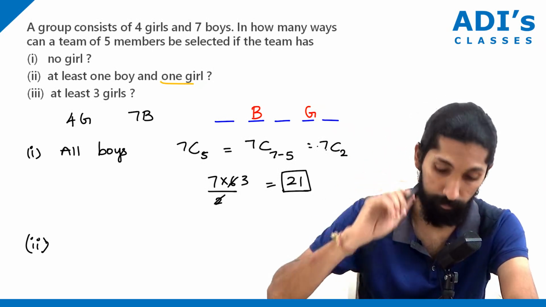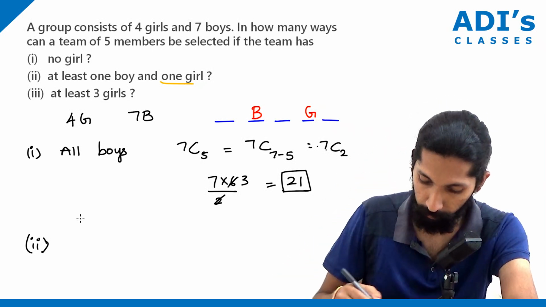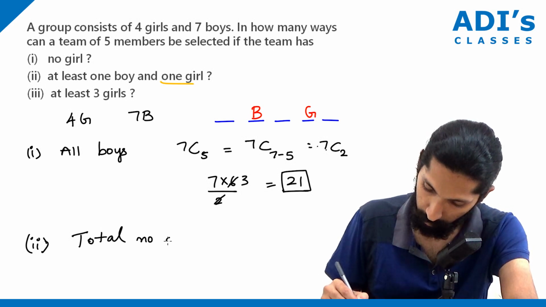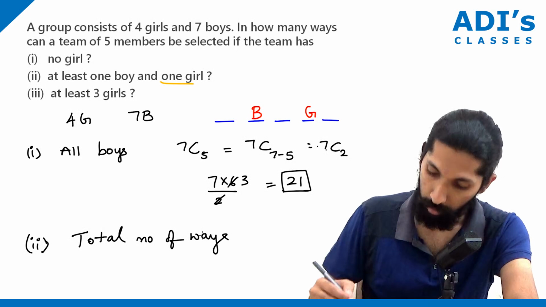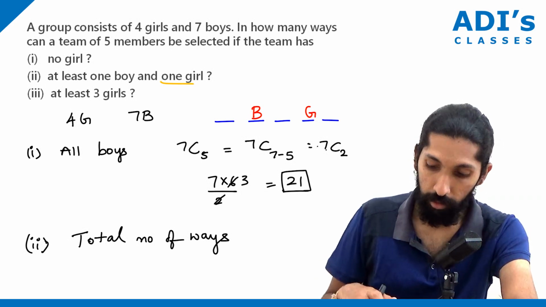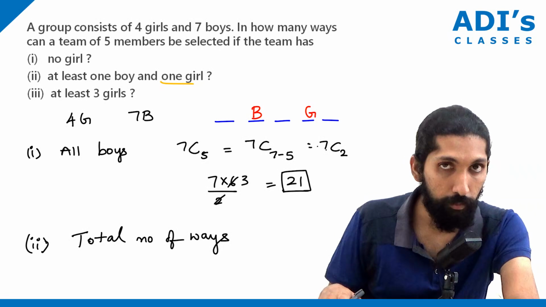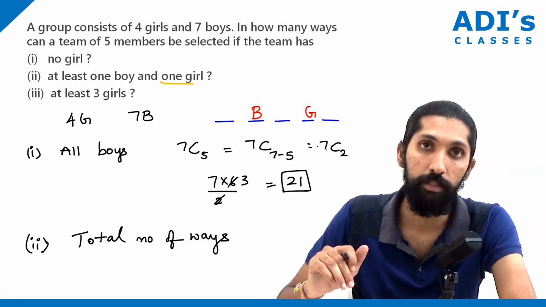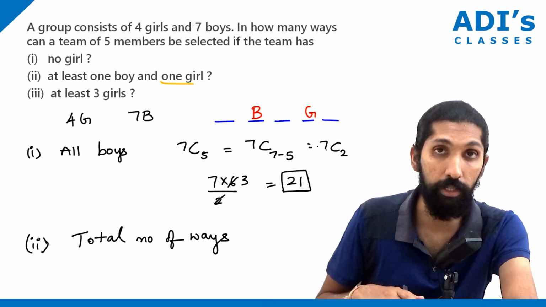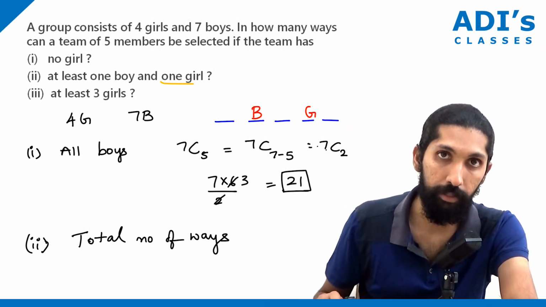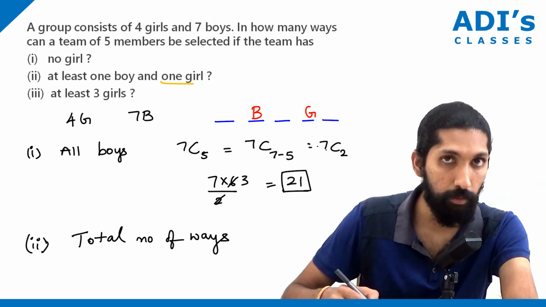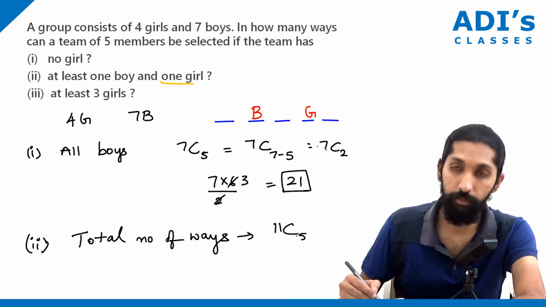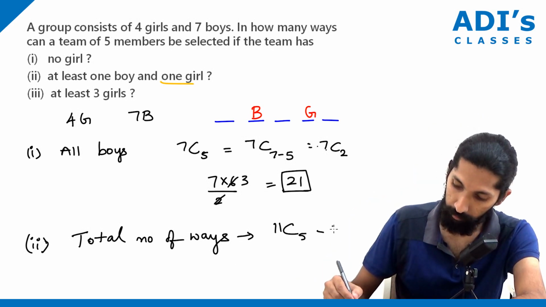First we'll take the total number of ways, that means every possible case. Out of 11 students, 5 have to be selected, correct? How do we get 11? 7 plus 4. So total number of ways is 11C5 minus 7C5.